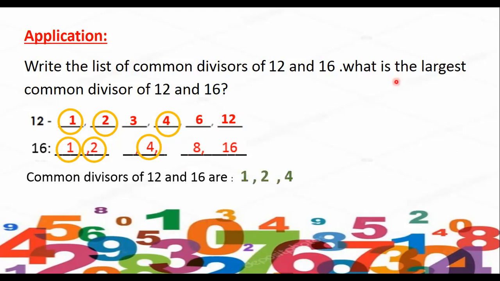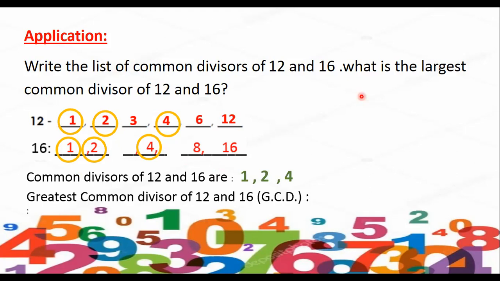The common divisors are 1, 2, and 4. For the greatest common divisor of 12 and 16, I look at the common divisors and I want the greatest one. It's 4. So the greatest common divisor is 4. Okay? And with this, we finished the explanation about the GCD.